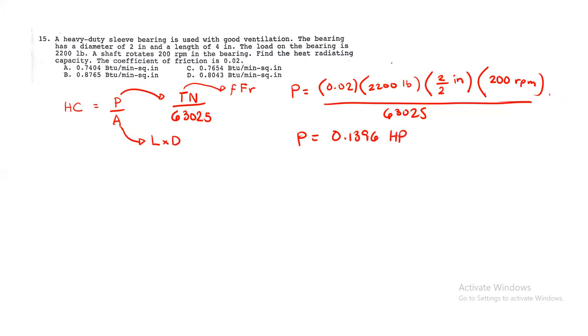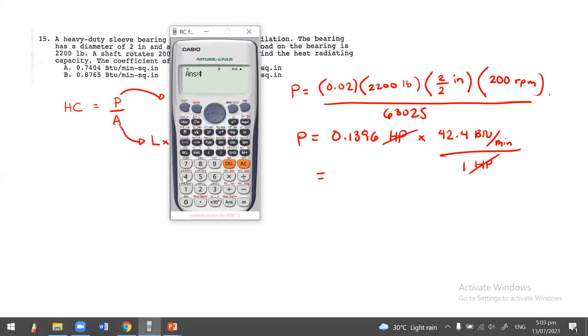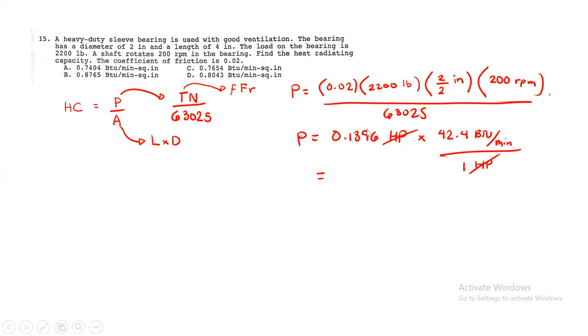I-convert natin into BTU per minute. So, times 42.4 BTU per minute sa isang 1 HP. Ma-cancel. Ilan 'to? Times 42.4, 5.92.